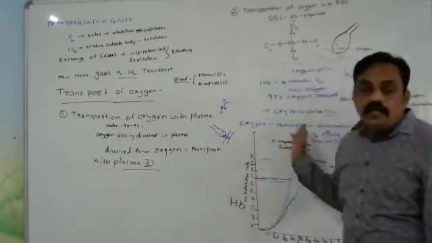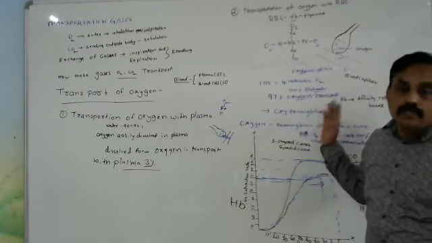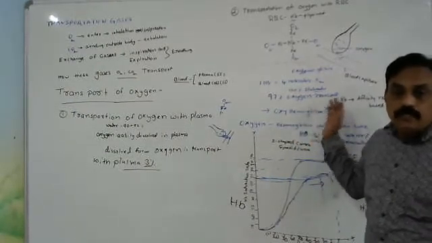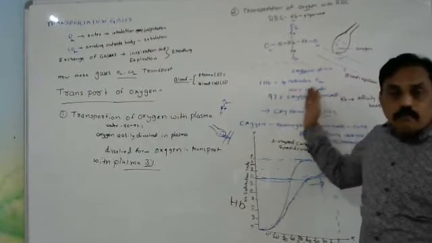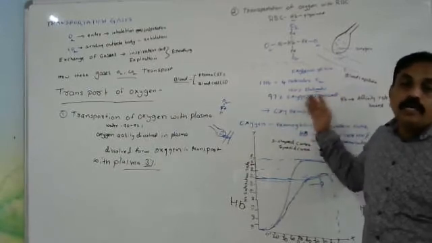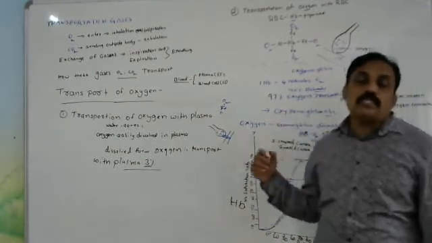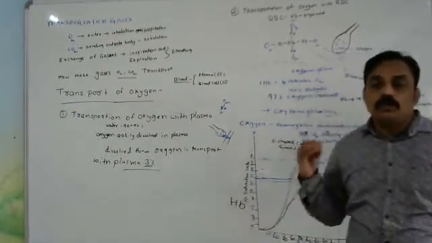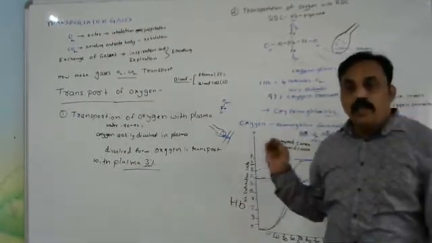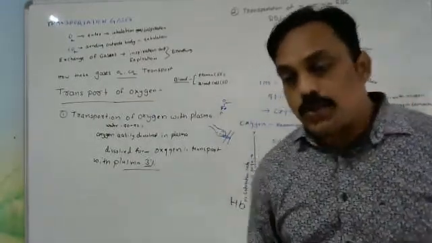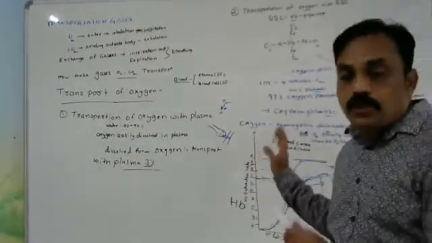And the remaining 97% of oxygen is transported in what? RBC. In RBC, hemoglobin is there. Oxygen binds with hemoglobin and combines to form oxyhemoglobin. So it is transported to the tissues as oxyhemoglobin, and in tissues, oxygen diffuses into the tissues. Okay, this is the process of transportation of oxygen.